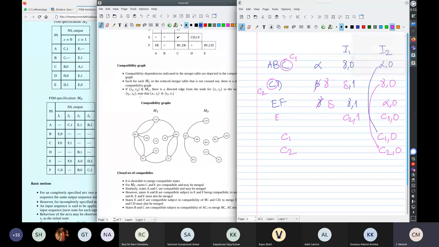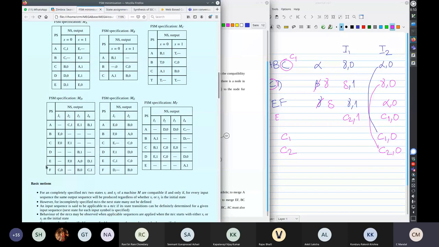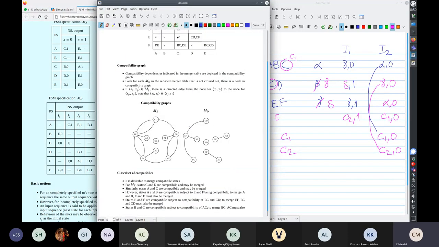I think you can first copy down the spec for MD and this compatibility graph in your notebooks. Just check that there aren't any mistakes. Then you can form the closed set of compatibles. You can try to form various closed sets of compatibles. Alright, so please do it now.